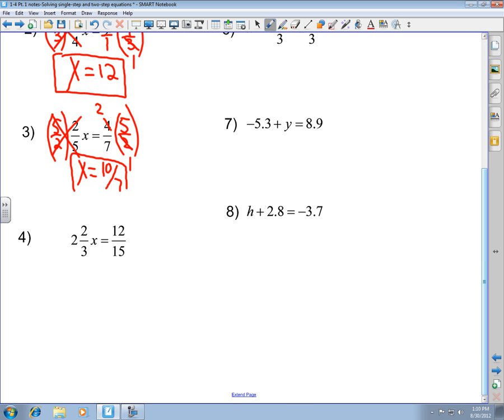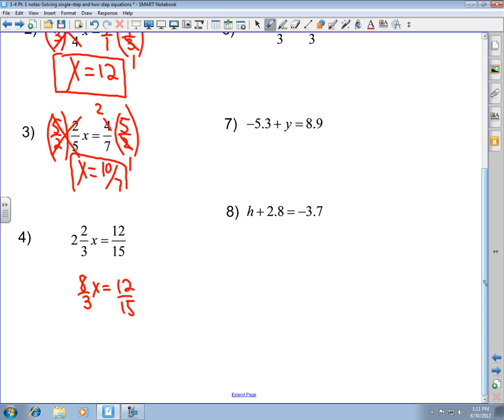Okay, now what about when I get a mixed number? Well, when you get a mixed number, let's remember back from middle school, you cannot multiply and divide mixed numbers. You have to first turn them into an improper fraction. So this is first going to become 2 times 3 is 6 plus 2 is 8/3 x equals 12/15.